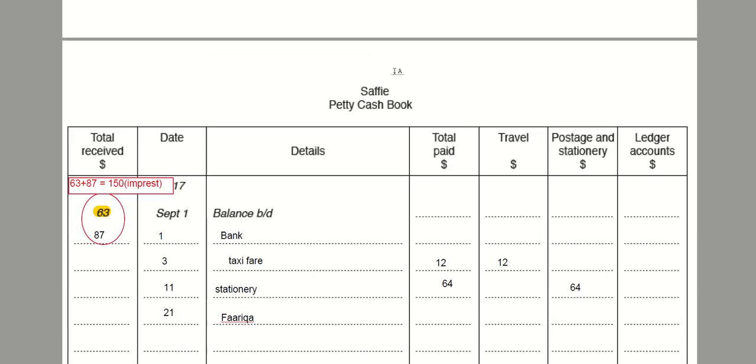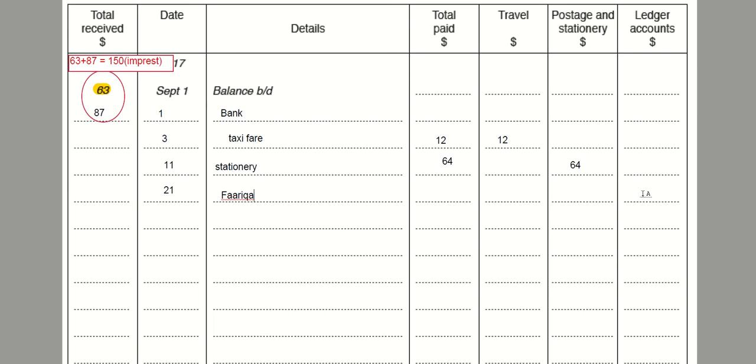Yeah, and it is 29, and since it's a trade payable, you're going to use the ledger accounts column, and you know which ledger it is. It should be in the purchases ledger, since this person is a trade payable. So we can make a notation for you in the bracket that it's a TP. You don't have to make it, just for you to notice here that it's a trade payable, and that 29 will go to that trade payable's account on the debit side.